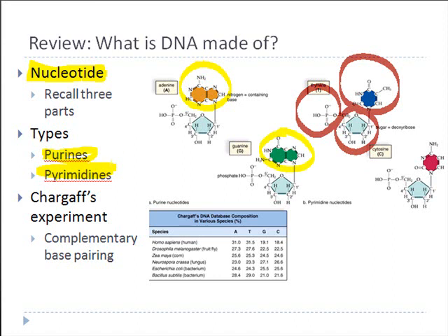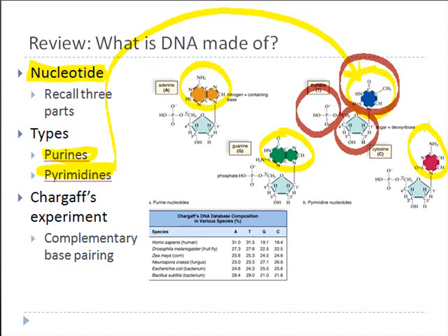By comparison, the pyrimidine type of nitrogenous base is made up of a single ring of carbons and nitrogens with some oxygen attached. And examples of this include thymine, cytosine, uracil.